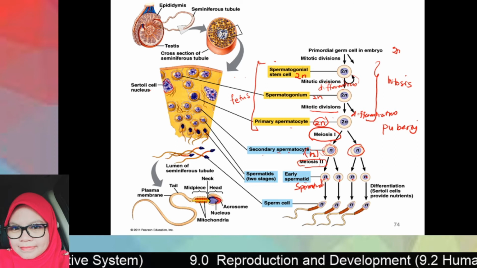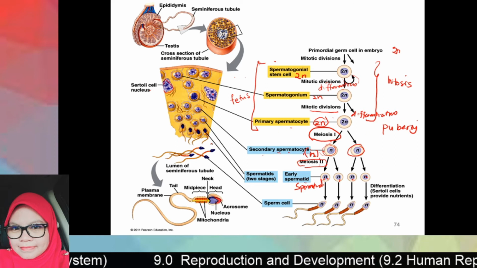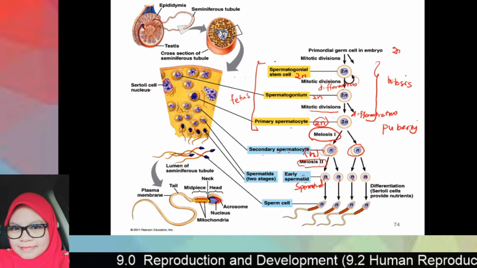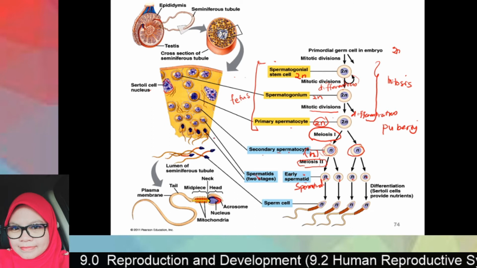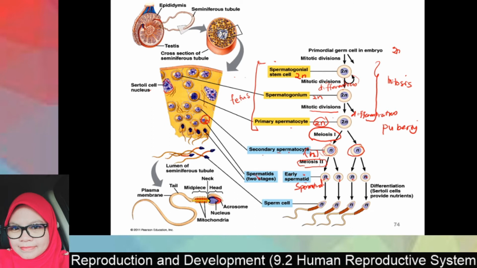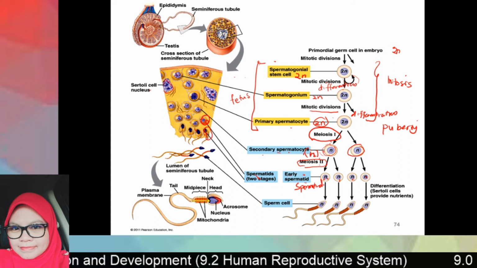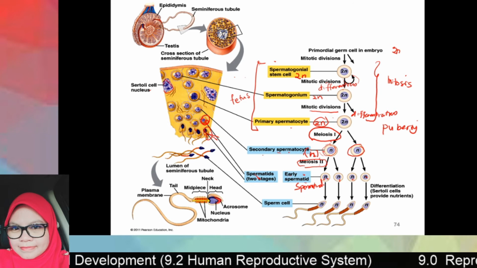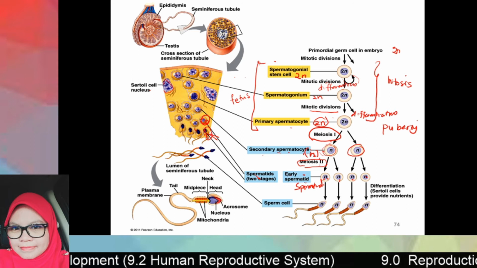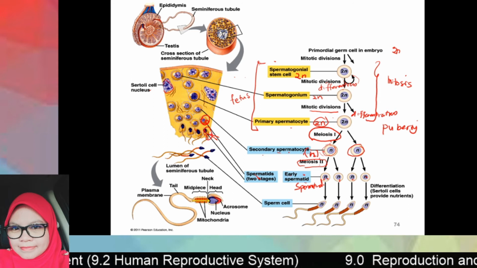And then the spermatid, as you can see, has 2 stages. This is the early spermatid, and here is the second stage of spermatid. Okay, this is a spermatid that is slightly more mature.